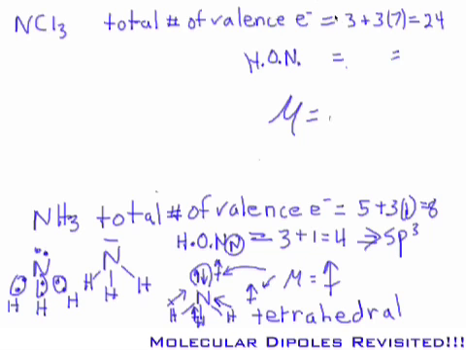Total number of valence electrons is 5 for nitrogen, 7 for chlorine, 3 times 7 is 21, 28. So if I'm building this, I can put in my 5 electrons around nitrogen. My chlorines have 7. Chlorine has 7. Chlorine has 7.